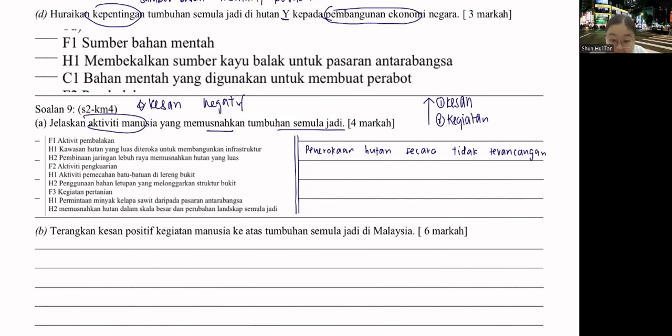Alright, this is the activity. This is the point, ya. And then you can say menyebabkan kehilangan habitat dan sumber makanan. Alright. And then leads to kepupusan flora dan fauna.